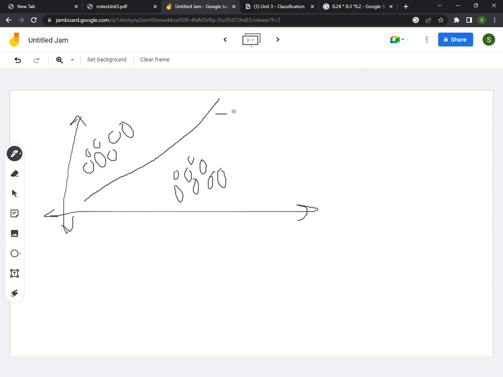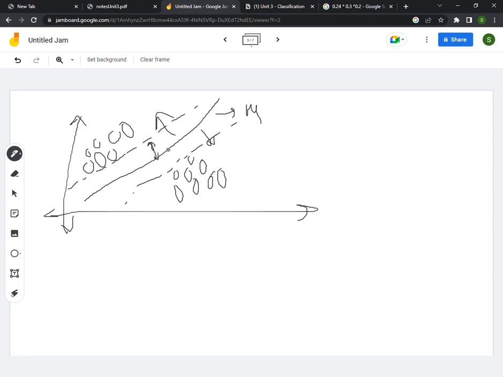This is the hyperplane, and if a data point comes to the right side of this hyperplane, we will say it belongs to class B. Whereas if the data point comes to the left side of the hyperplane, we say that the data point belongs to class A. And we can draw a line here as well, a line touching the data point, and we call this the margin.